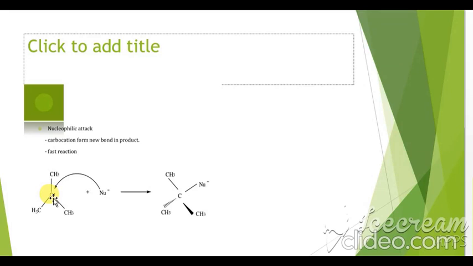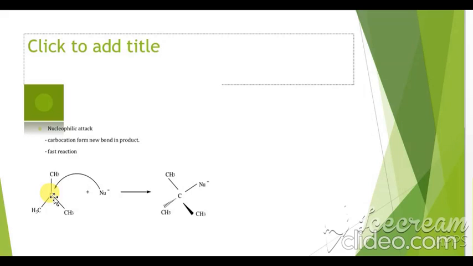So you can say there is a 50% chance of remaining the same structure as before the attack of the nucleophile. That is called retention of configuration. And in the 50% chance when it attacks from the other side, the molecule is inverted and changes side. So it forms 50% retention of configuration and 50% inversion of configuration.